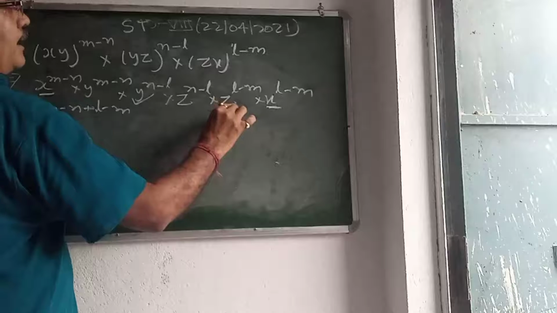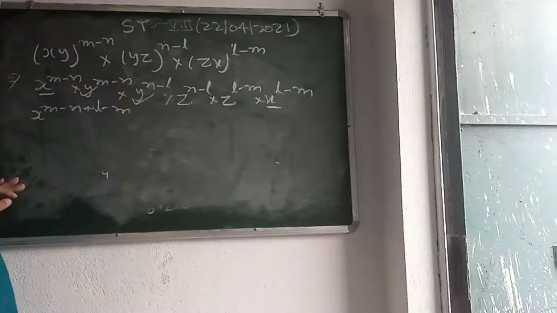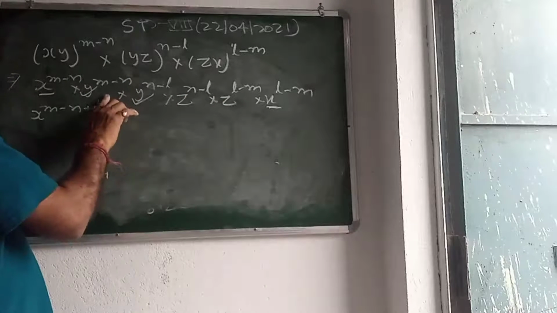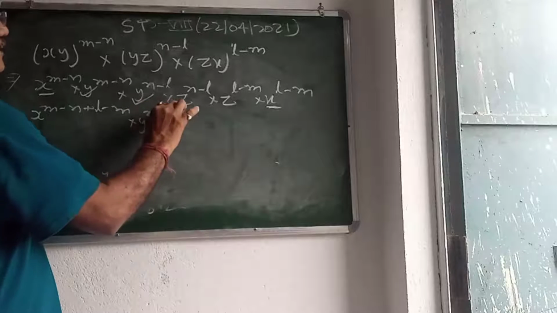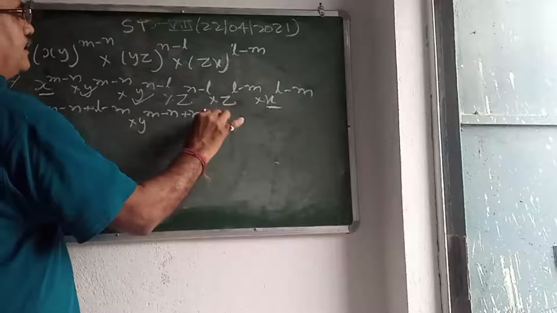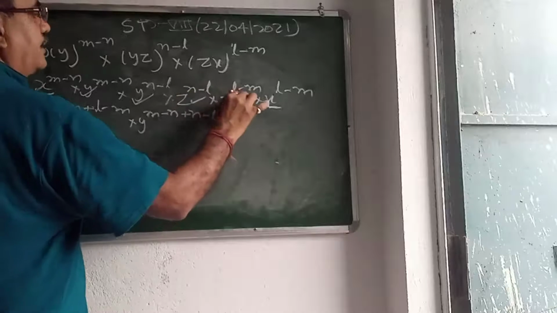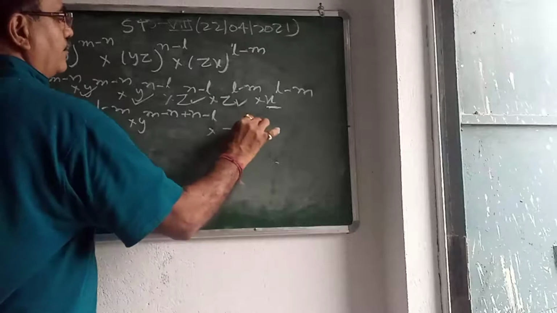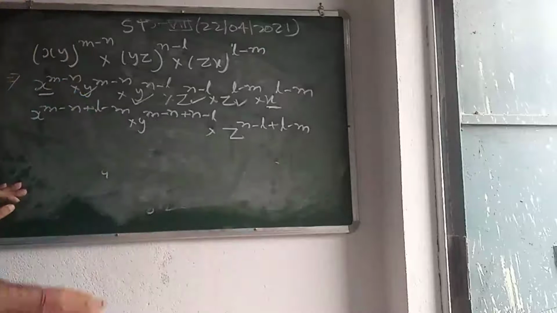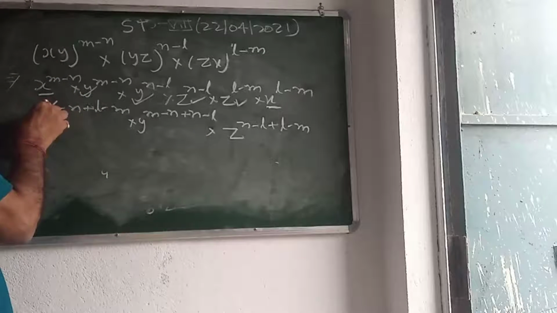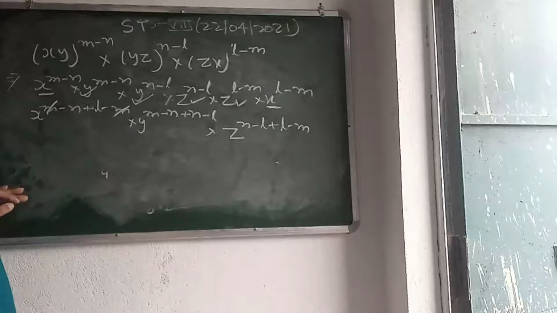This y and this y have the same base. Between them there is a multiplication sign, so their power will also add: m minus n plus n minus l into this z and this z, n minus l plus l minus m. Now see here, plus m and minus m will be cancelled.